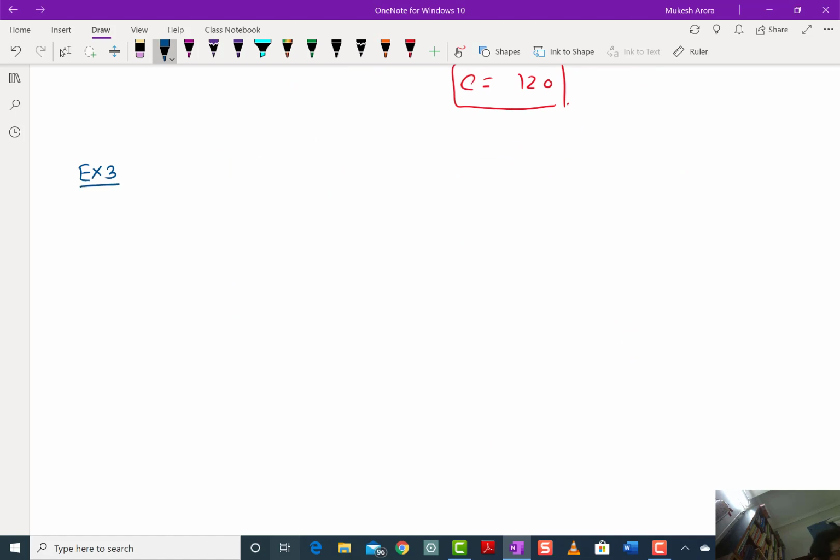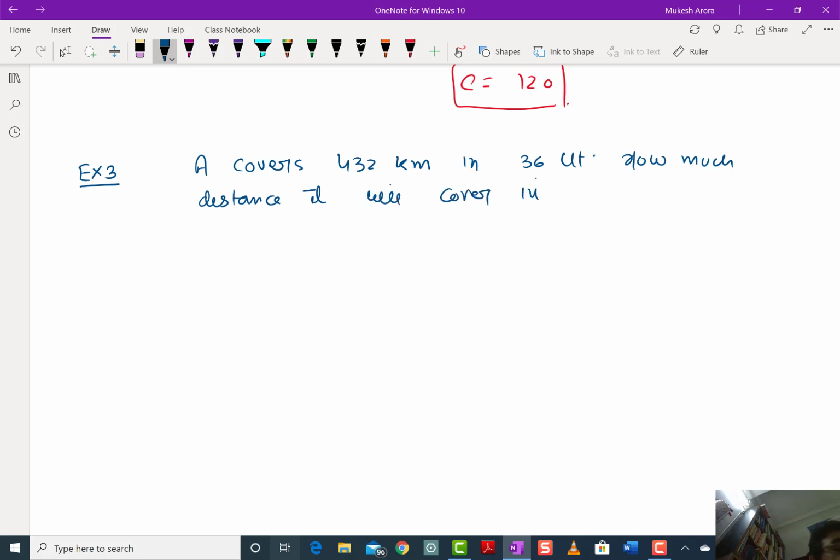Example number 3 is a car covers 432 kilometers in 36 liters of petrol. How much distance will it cover in 25 liters of petrol?